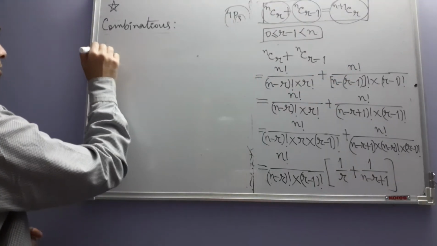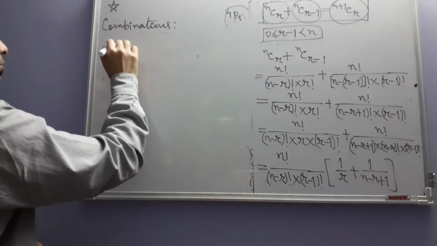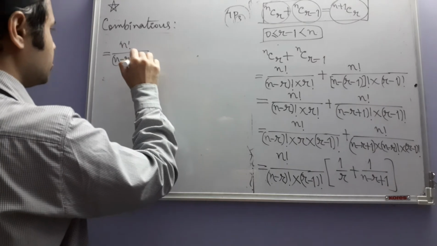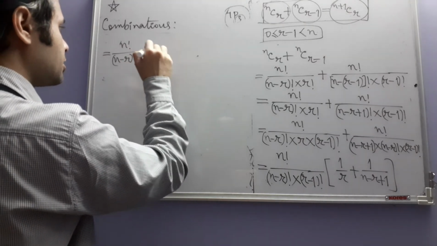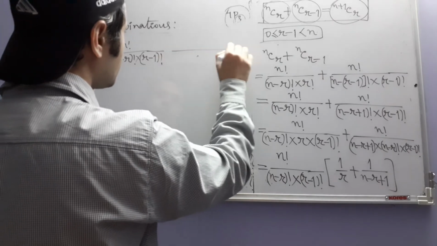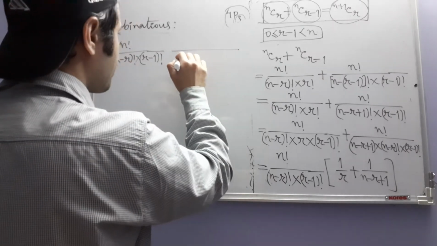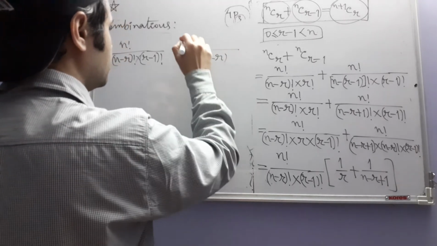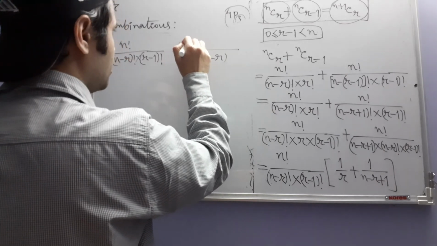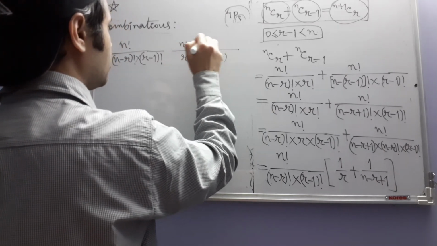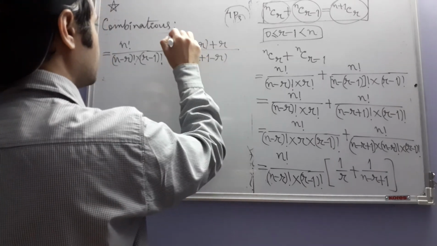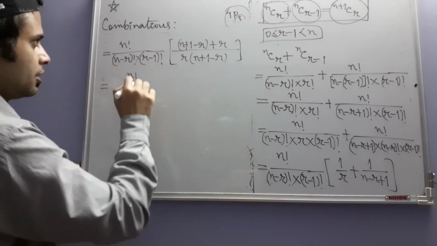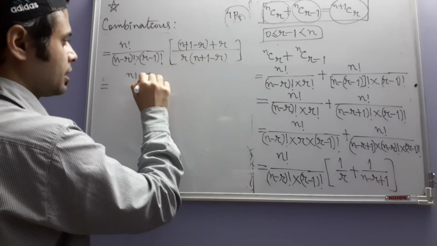And this equals n factorial divided by (n minus r) factorial times (r minus 1) factorial, times, let me write it like this, (n plus 1 minus r plus r) in the numerator, over r times (n minus r plus 1).